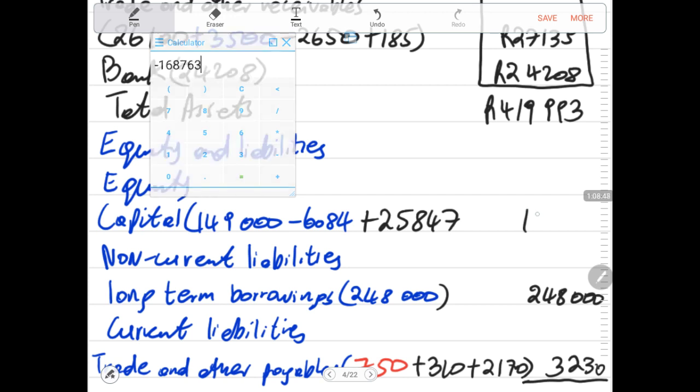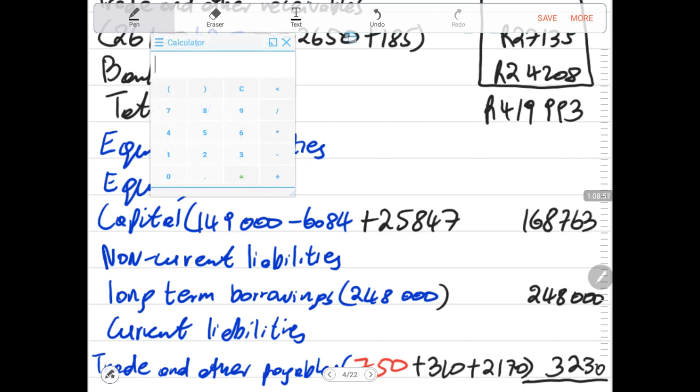Then this gives me 168,763. Remember what I've said, 149,000 minus 6,084 plus 25,847, just to see the clear calculations.